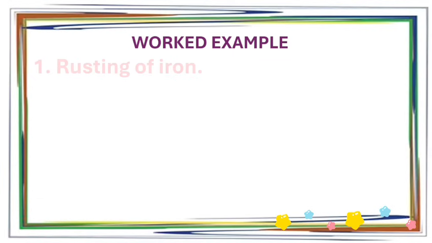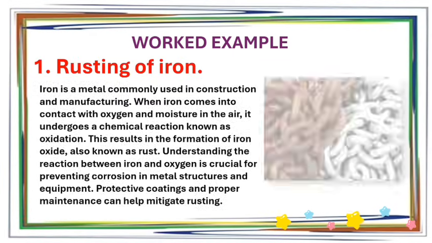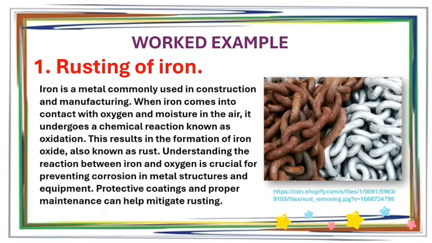Work example. Number 1. Rusting of iron. Iron is a metal commonly used in construction and manufacturing. When iron comes into contact with oxygen and moisture in the air, it undergoes a chemical reaction known as oxidation.